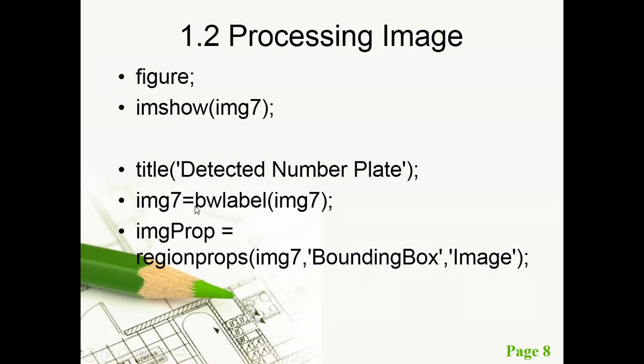Then image 7 = bwlabel, that is black and white label, in brackets image 7. The next command is image properties. It saves the region properties inside img properties. So it will take the image, mark the bounding box around it, and store the properties into the image properties.